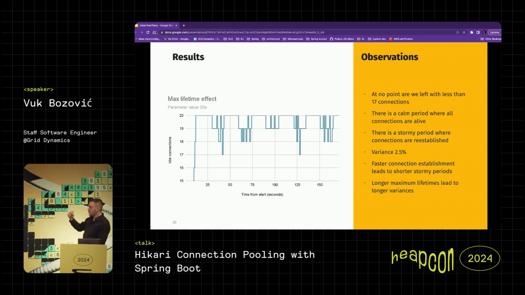So what the pool does is give you a 2.5% variance on the maximum lifetime value, meaning it spreads out the interval where connections are closed. And as you can see, we are never left with less than 17 active connections, or idle connections in our case, while they are being recycled. I would say that's a pretty good design.